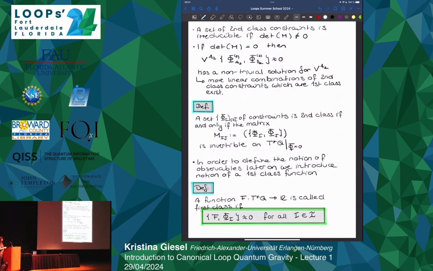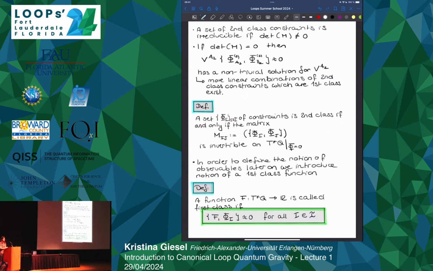Now, why do we distinguish between first and second class constraints at all? When we later construct observables, which are in the case of GR, things which are invariant under gauge transformations, or gauge we consider in GR, and this also would work, for instance, for the standard model, then we are looking for functions on our phase space which have the property that they commute with all first-class constraints at least weakly.